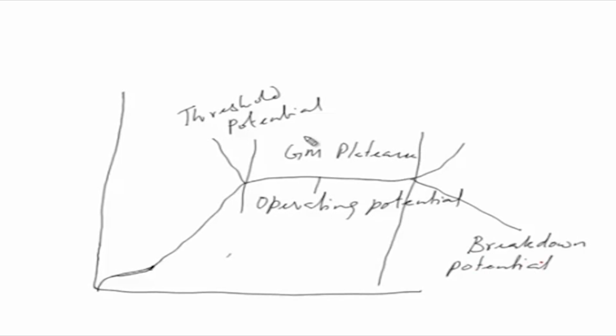So, most GM counters will be operated somewhere in the operating potential region, and the threshold potential and breakdown potential are the starting and ending points of the GM plateau.